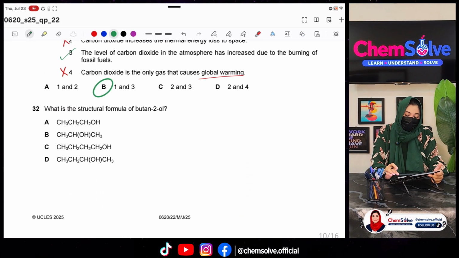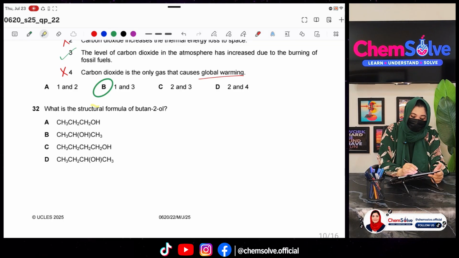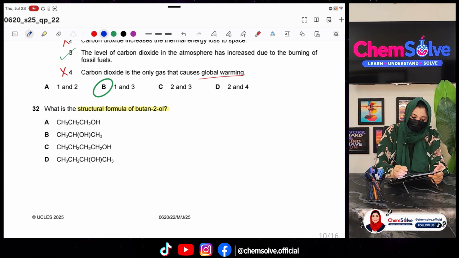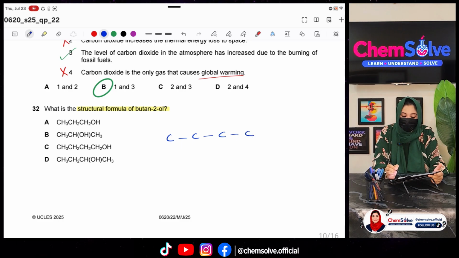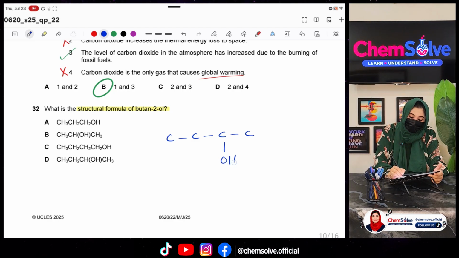So the next question is question number 32. What is the structural formula of butan-2-ol? So let's make the formula. For butane, I will write 4 carbons. And 2-ol means a hydroxyl group is present on carbon number 2. So on carbon 2, I will place a hydroxyl group, and now I will complete all the hydrogens. So these are my hydrogens.